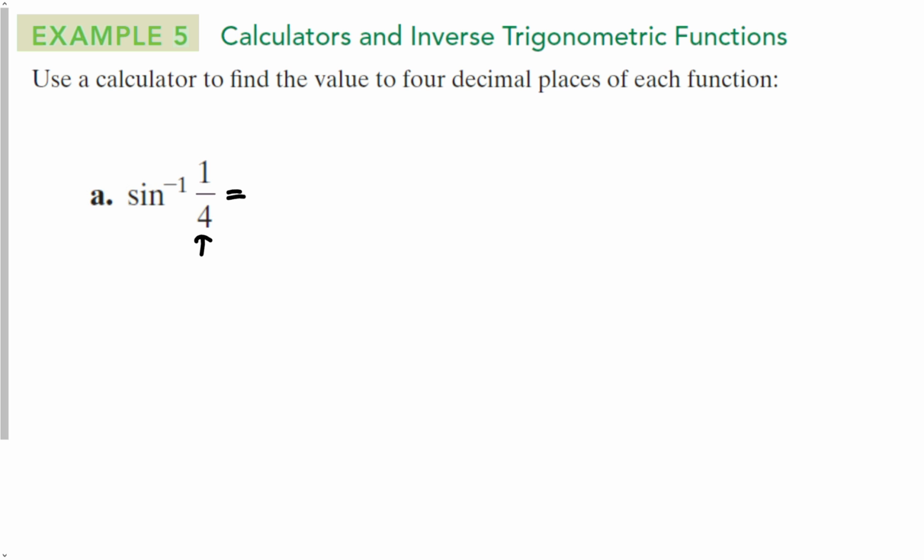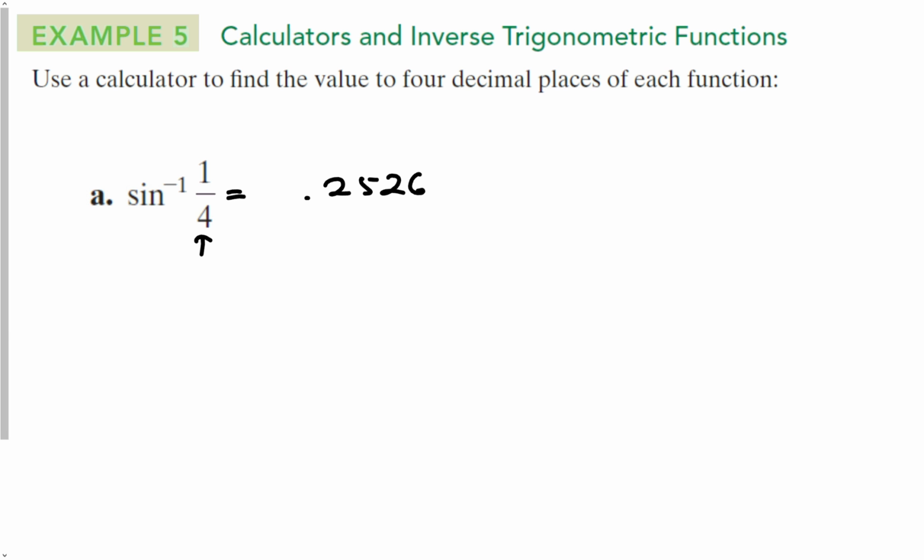So when I get my answer, it's going to be an angle. And in my case right now, I want it to be in radians. Okay, so if I take 1/4 and I take the inverse sine of that, I should get 0.2526.